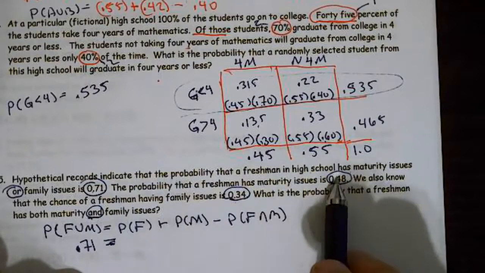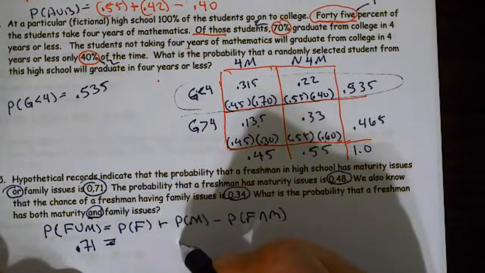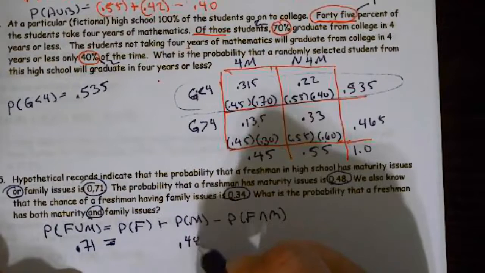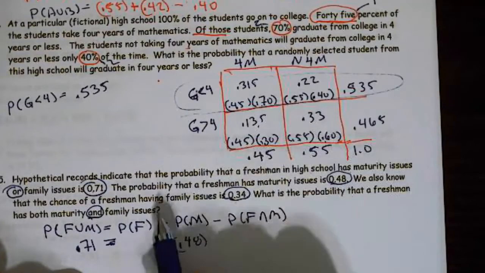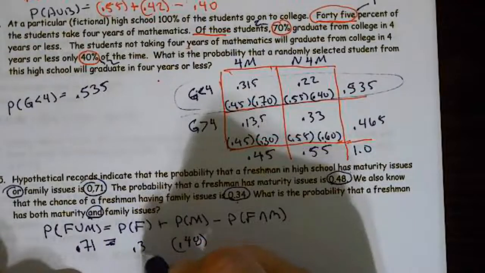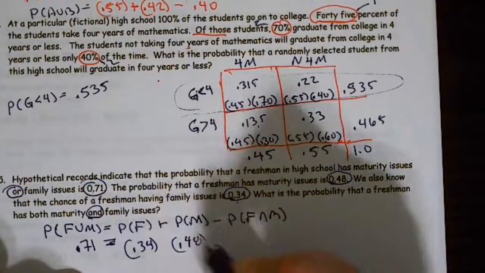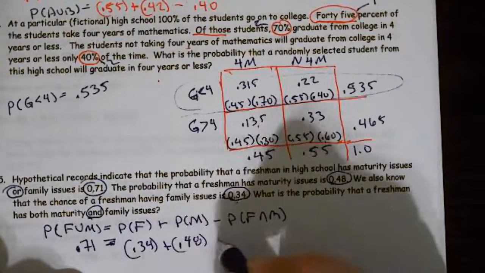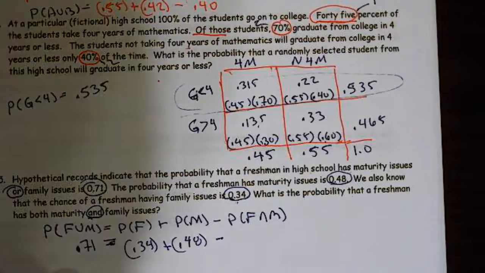Probability freshman has maturity issues is 0.48. Okay, so there's my 0.48. The chances of having family issues is 0.34. And we're looking for both.